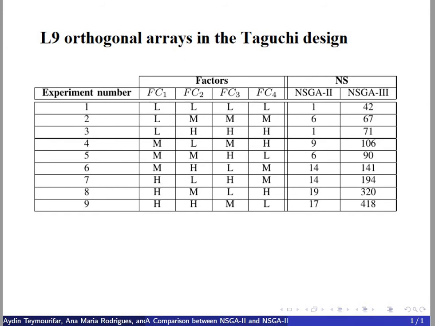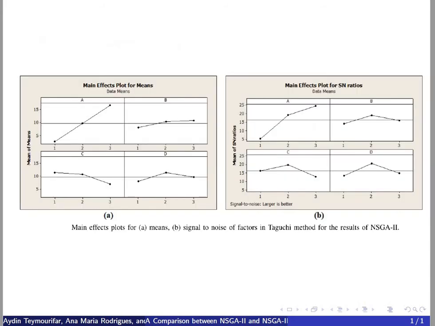Two important outputs of the Taguchi method are the main effect plots for means and the main effect plots for signal to noise, which are shown for NSGA-II on this page and for NSGA-III on this page.